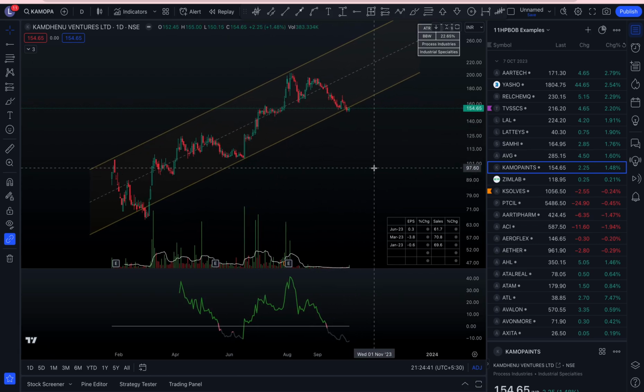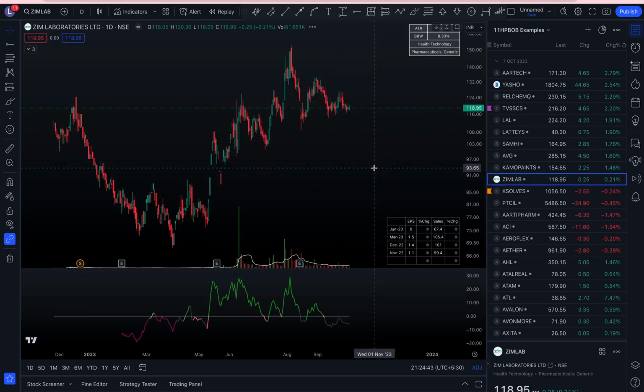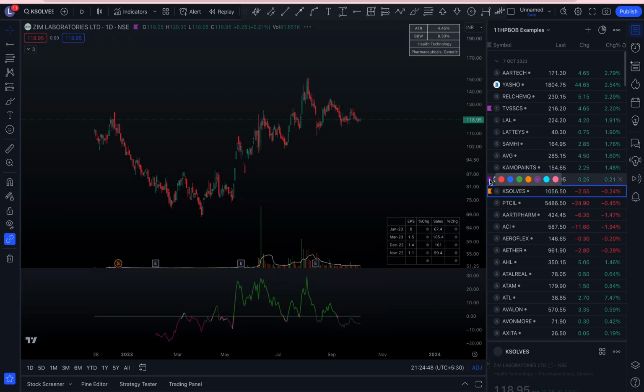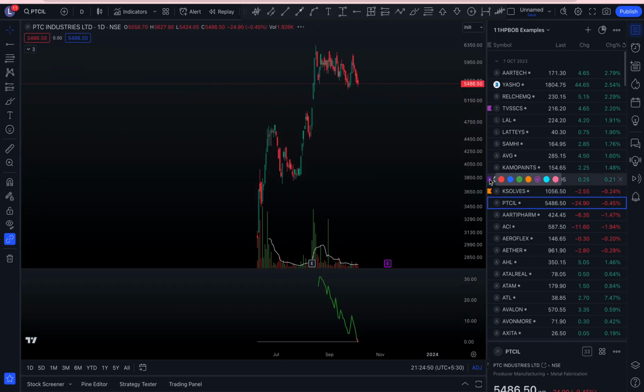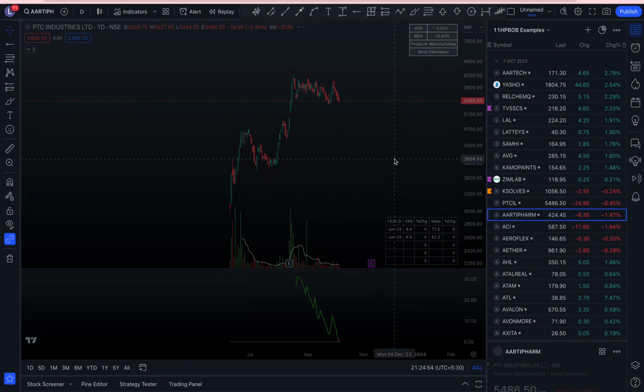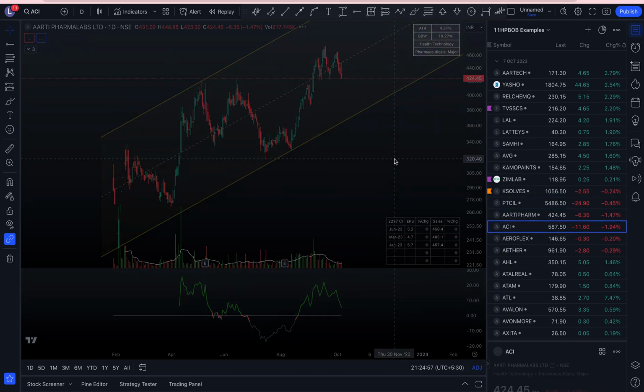This is basically an ascending channel reversal setup. This is also really good. PTC Industries, not so great, not so great.